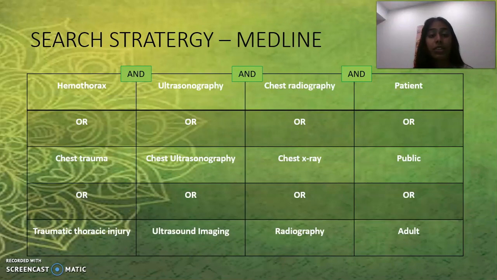Okay, so the search strategy that I used is Medline, and the keywords that I used are hemothorax and ultrasonography and chest radiography and patient, or chest trauma and chest ultrasonography and chest X-ray and adult, or traumatic thoracic injury and ultrasound imaging and radiography and adult.